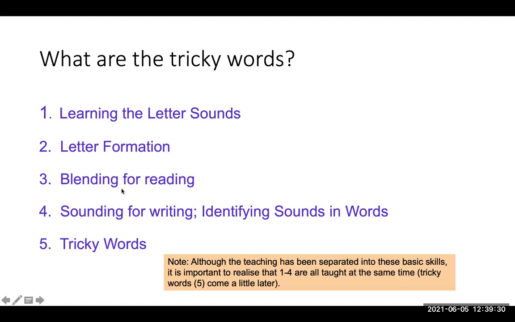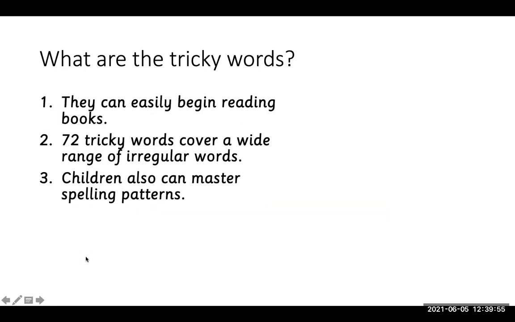The tricky words come at the bottom of this list, the fifth skill of the Jolly Phonics program. These are separated, but skills one to four are all taught at the same time and can be used in one single lesson. Tricky words come a little later, after covering almost all the sounds in Pupil Book 1.